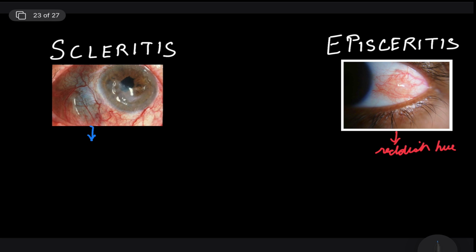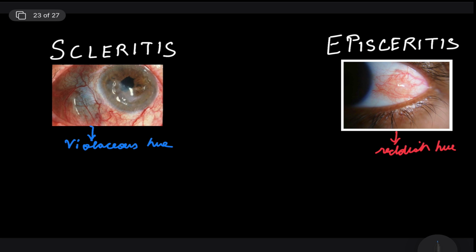But there is also this very strange bluish hue. My marker ink is not sticking to that, but I hope you can see it. I'm actually holding my pen over here. So hopefully you can see this bluish or violetish hue. This is a very interesting thing that differentiates episcleritis from scleritis, scleritis being inflammation of the deeper blood vessels.